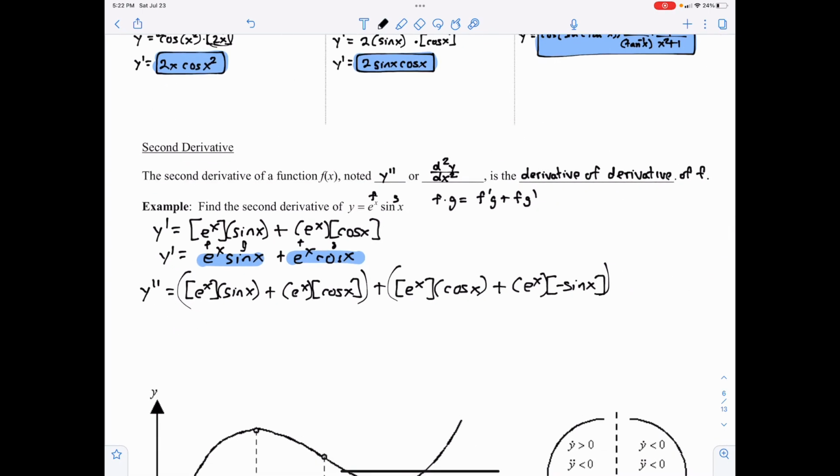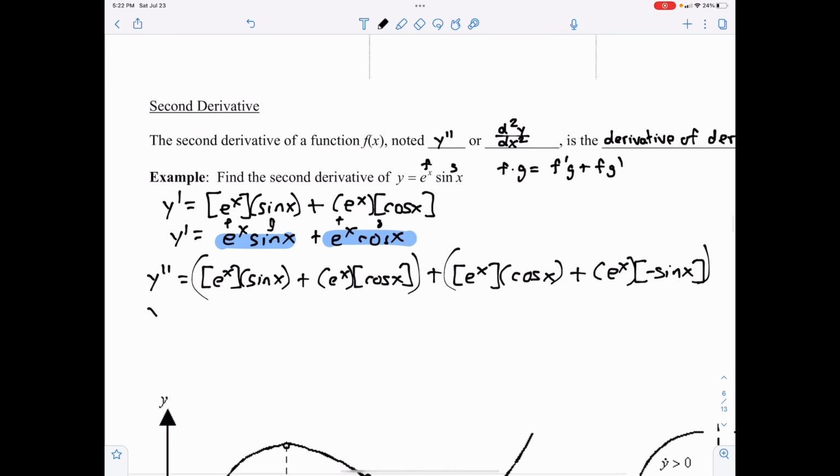So what I'm going to do to clean this up, I'm going to clean up each term and then see if we have any like terms in here. So we have e to the x sine of x plus e to the x cosine of x plus e to the x cosine of x. You guys can already see there's like terms right there.